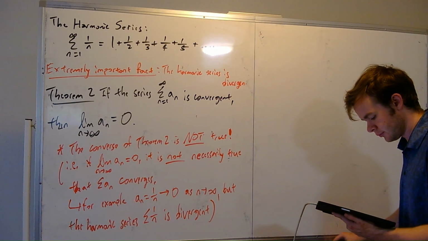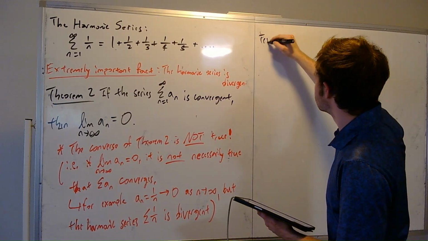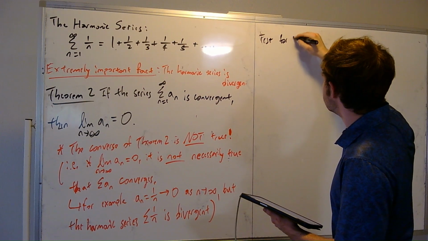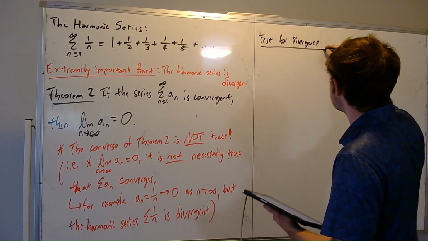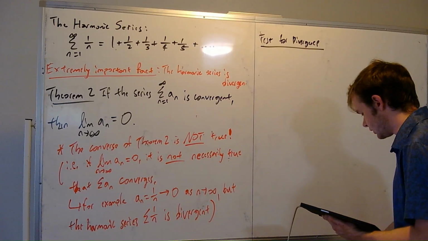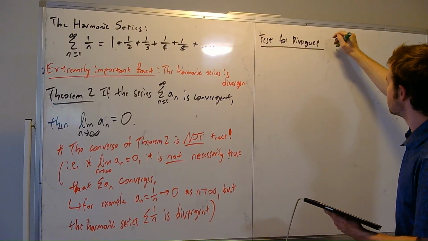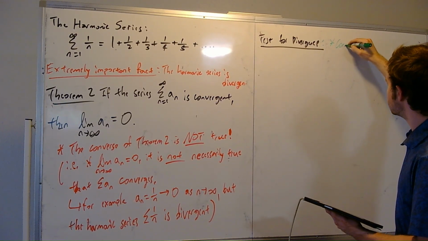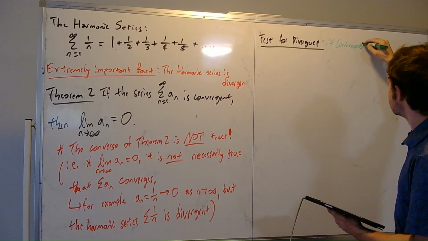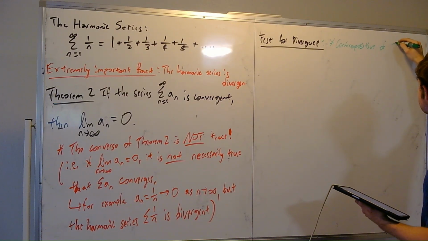Okay, so let's say here test for divergence. So the way we can test if something is divergent, and I'll say that this is the contrapositive of theorem 2.